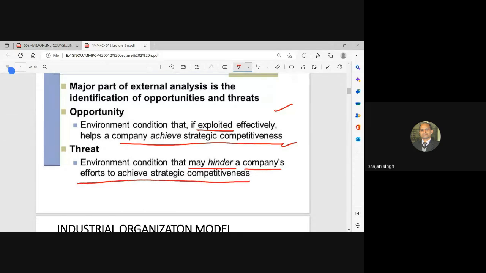So if there is an environment condition which can give a competitive edge to any organization or an industry, this is an opportunity for them. Or if it hinders the company's effort, or works as a resistance, then we'll consider it as threat.